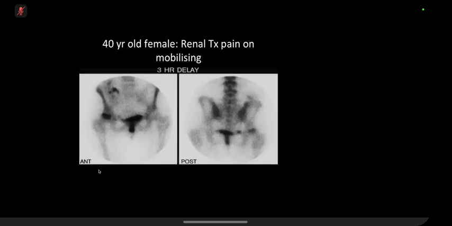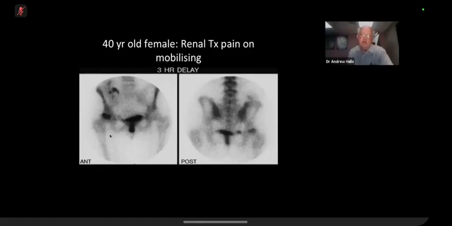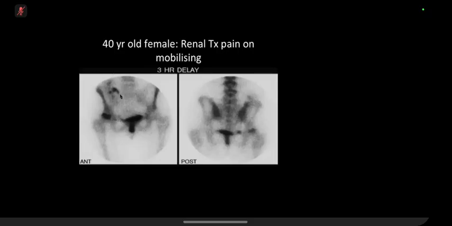And then there's what appears to be in the region of the bladder as well. And I'm thinking whether this is a renal transplant patient. They've been on steroids and they've got AVN on the right hip. It's almost like a double sign that we see. And that's right. Yeah. That's what it was. And there's the renal transplant there.